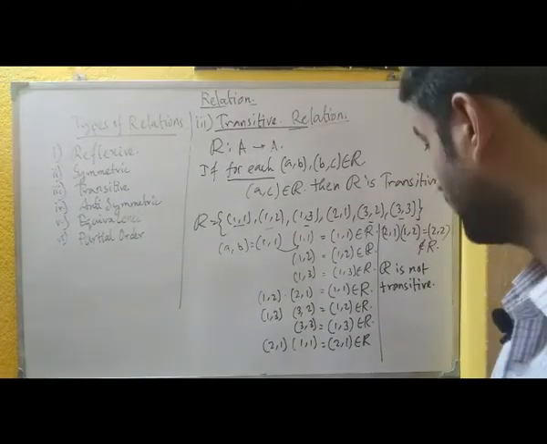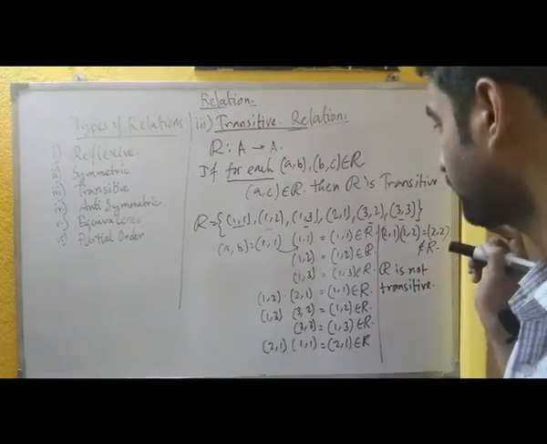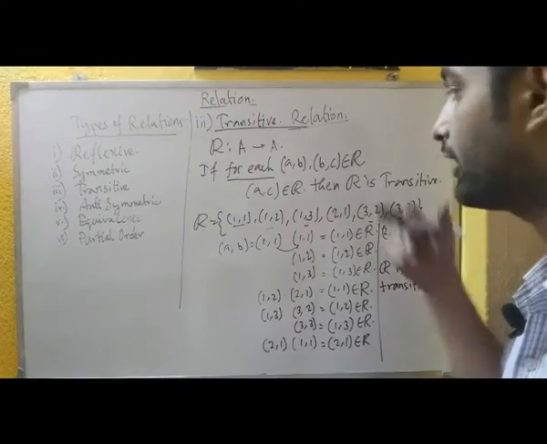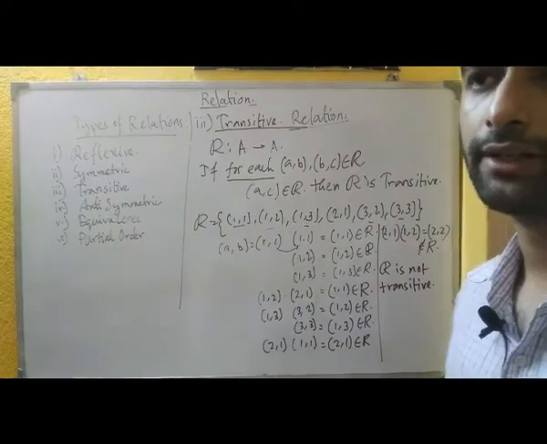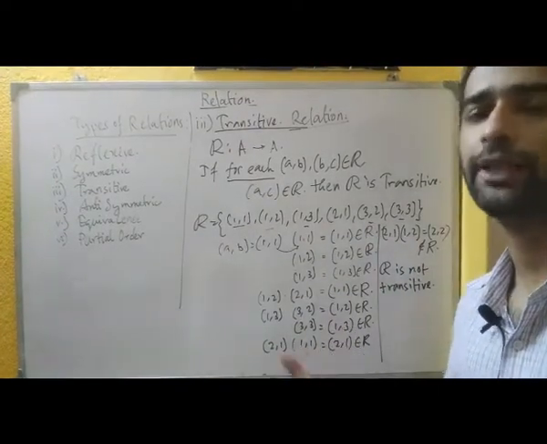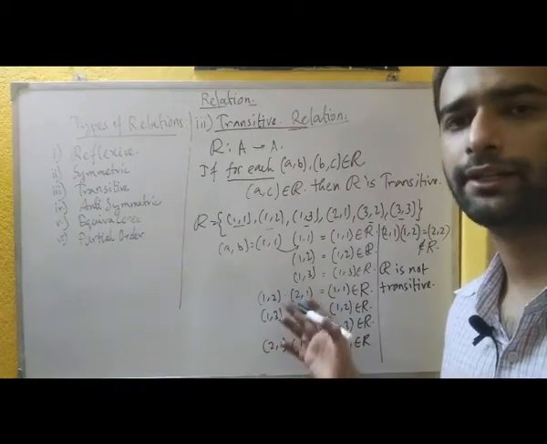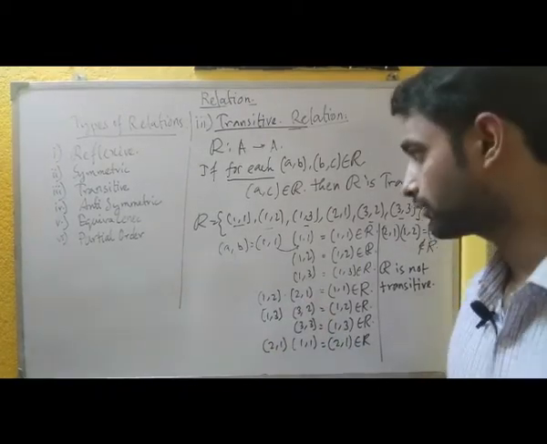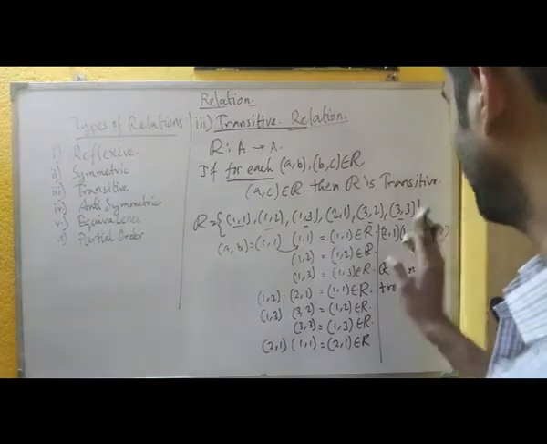So if you inspect by elements, you have to check like this, and if the relation is given in set builder form, then it becomes easy to check. So let us consider one of that type.